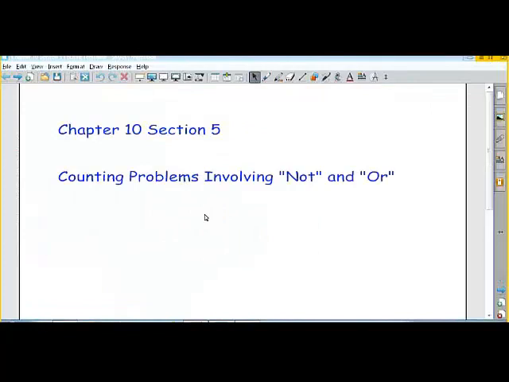Section 5. So the last section is counting problems involving not or. Sometimes, instead of counting something in one way, it's easier to count it in 2 different ways and use subtraction.